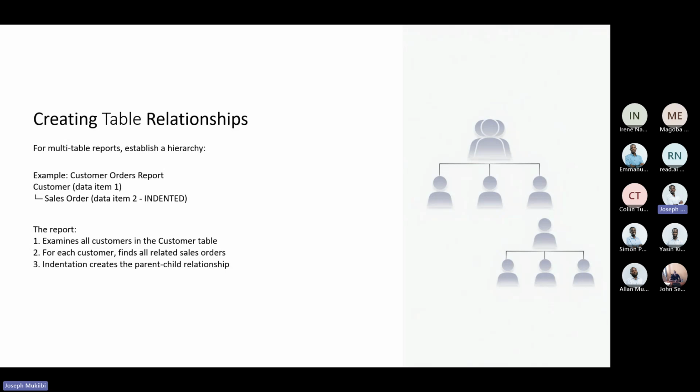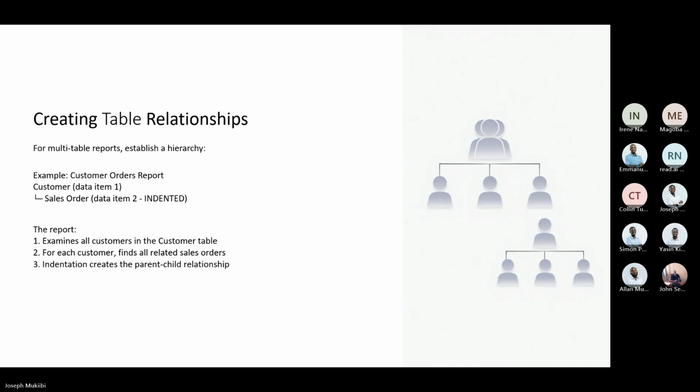You will find yourself using the customer as the first data item, and then you indent the sales order data item, because from all customers you can get their sales orders. Sometimes when designing the report, you may start with the sales order data item, and then you indent the customer data item. So you always have to know the relationship for a better way of designing the report.